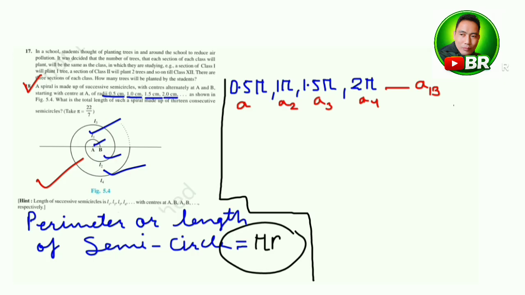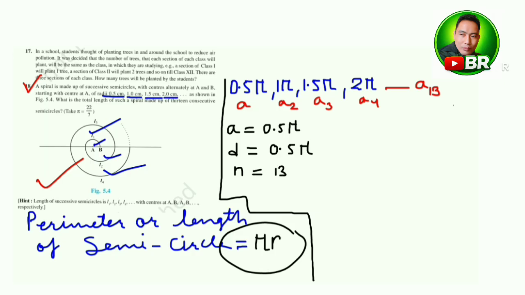Okay, now from this AP, let's list out whatever we have. In this AP, a, that is first term, is 0.5 pi. d, that is common difference, will be a2 minus a1, so here should be 0.5 pi, and number of terms, that is n, will be 13.